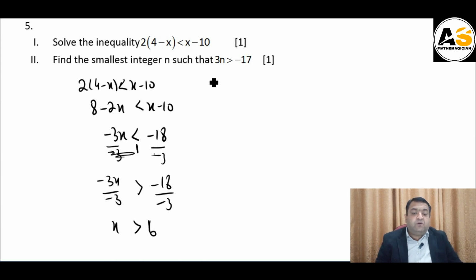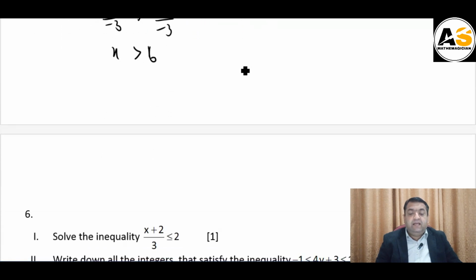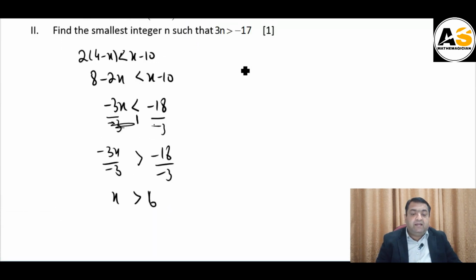In the second part, we are asked to find the smallest integer that satisfies this inequality: 3n is greater than -17.